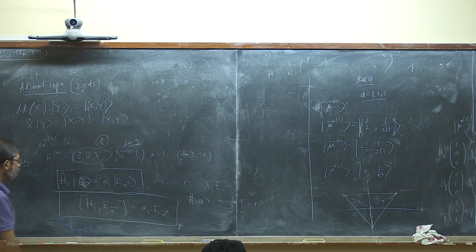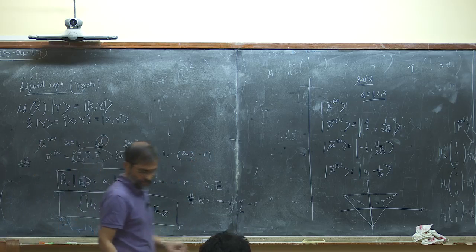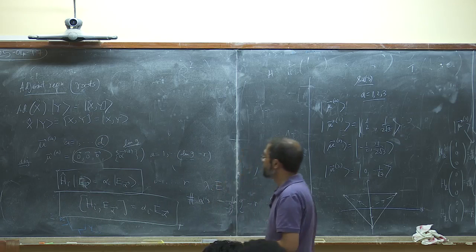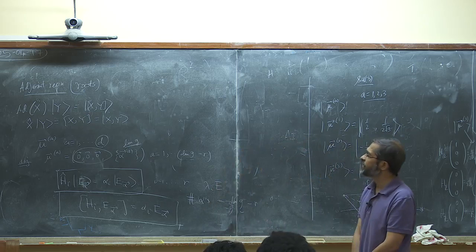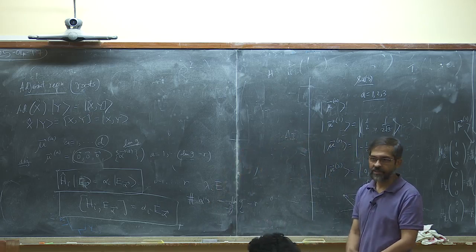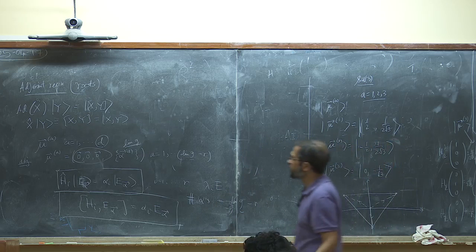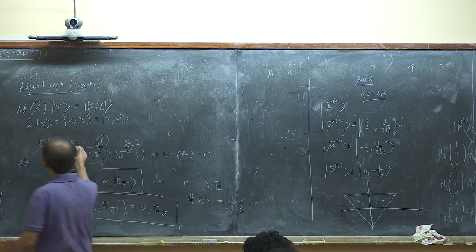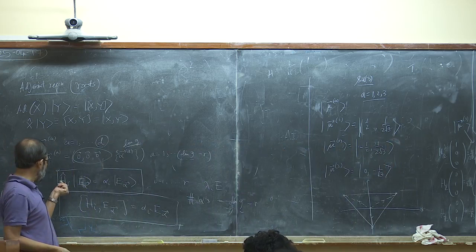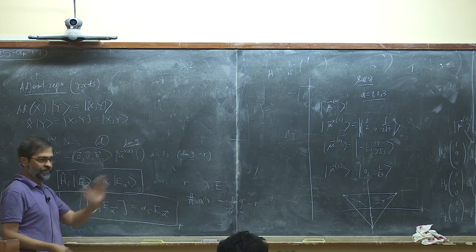Good. The next thing I want to say is that the existence of this basis makes life enormously simple for you. First of all, we will find the action of the H's on these alphas.